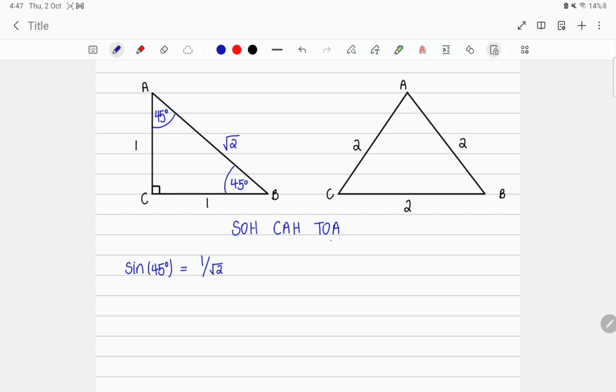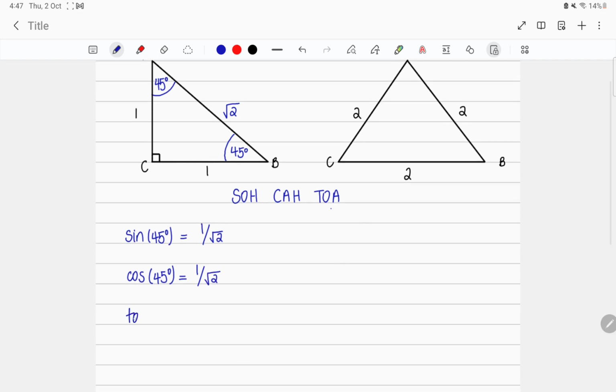Now to find cosine, or cos, of 45 degrees, again, we look for the adjacent side and the hypotenuse. If I'm using angle A once again as my reference, then this side over here would be adjacent to that angle. And so cos 45 is again 1 over the hypotenuse, which is root 2.